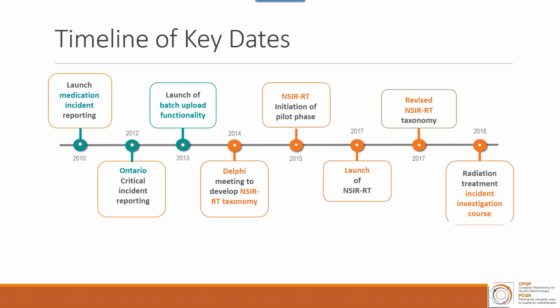We developed a system that built in that work that came out of the Delphi meeting, and we initiated a pilot phase in 2015. And in July of last year, we launched ENSER-RT with a revised ENSER-RT taxonomy based on feedback that was given during the pilot phase.